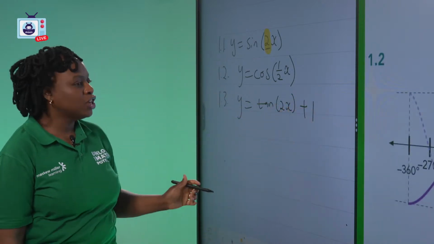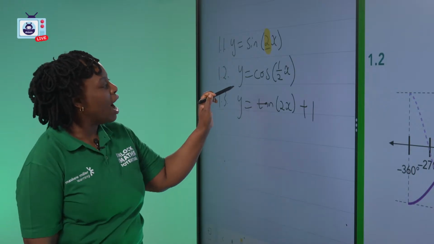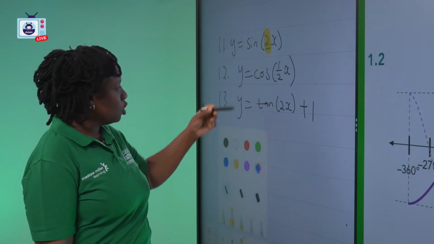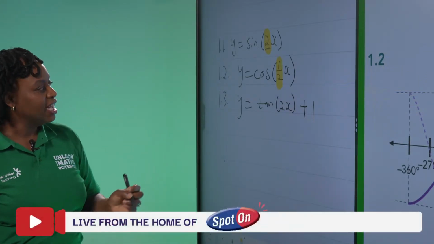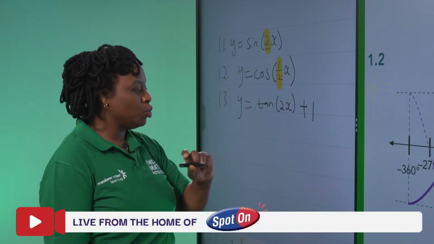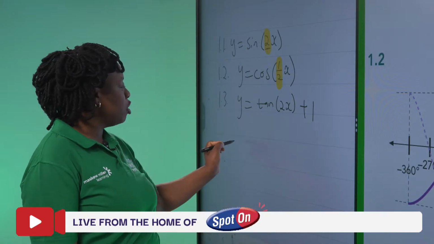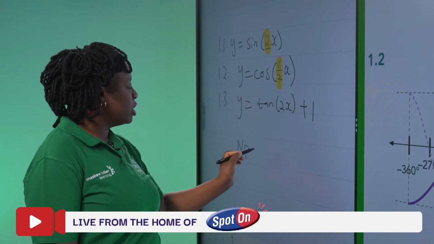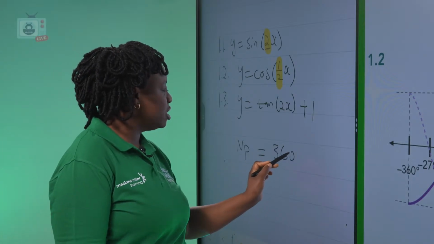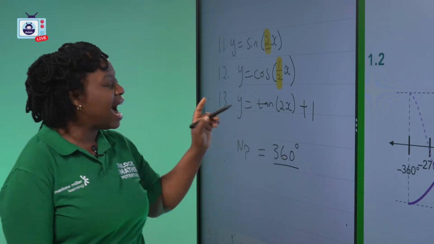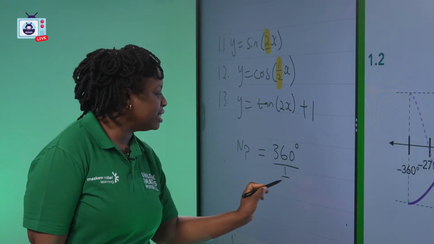Okay, so let's check the second one. They said y equals cos of 1 divided by 2 x. So this also still affects our period. Remember the formula for the period: the new period, you can find it by using the original, which is 360, divided by what is given now, which is a half.